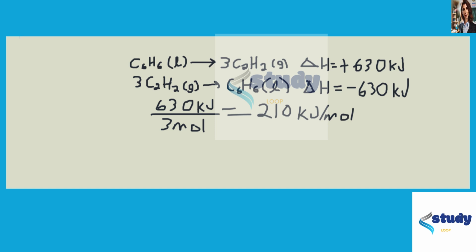To go from liquid to gas, you have to input energy into your system. You have to break the interactions between the molecules in the liquid state to push your molecules into the gas state. So if we were using gaseous benzene instead of liquid benzene, the magnitude of our delta H would decrease because the reaction would require less energy and therefore be more favorable.